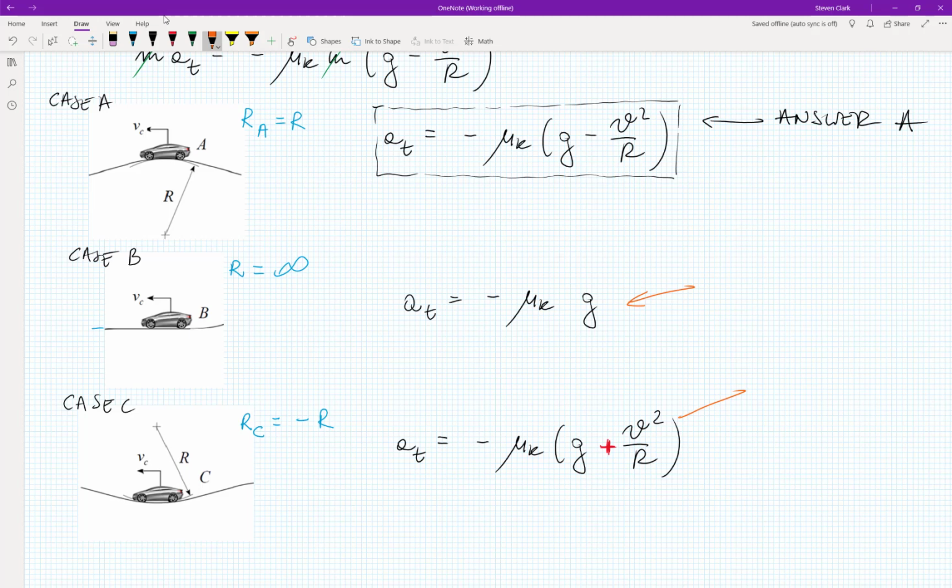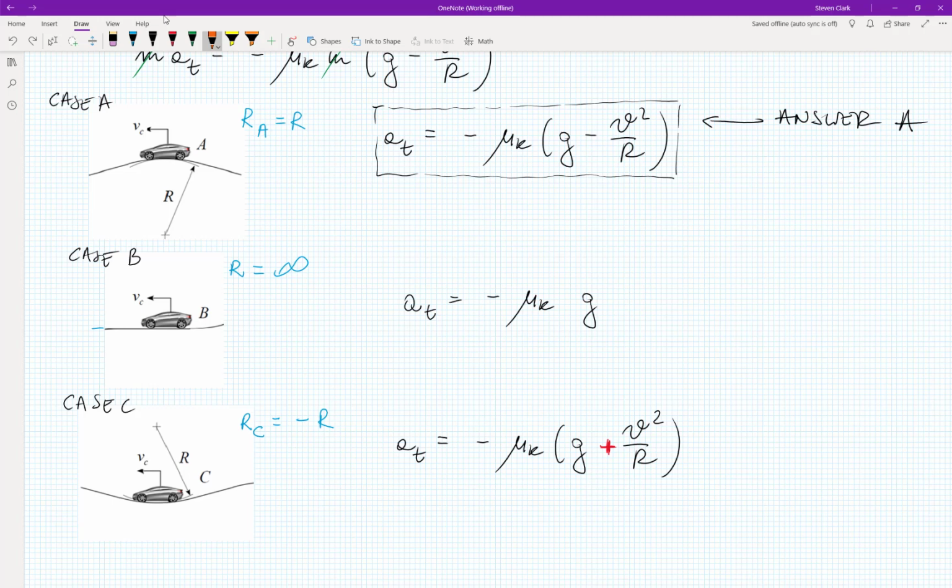By the way, before moving to example number 2, could you please tell me in which case, A, B, or C, the deceleration is the largest? Exactly. And do you see why? Because the normal force acting on the car will be the highest, since our car is in the valley, so it will be pushed towards the ground.